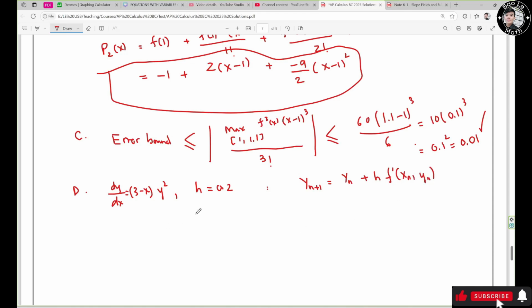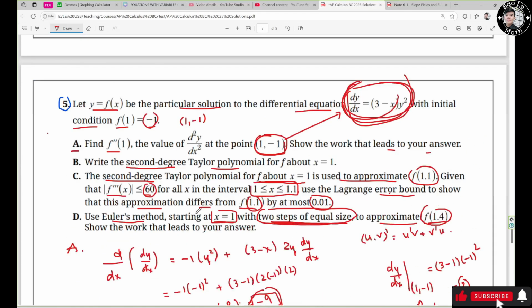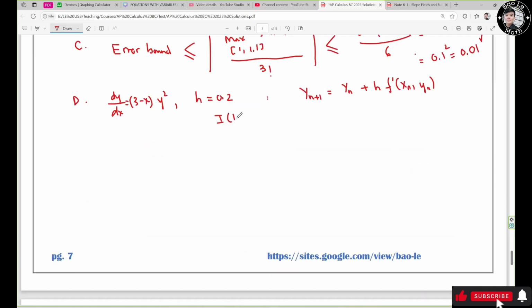Now you have the initial condition, which is 1, negative 1. Now you set up a table, with the initial condition 1, negative 1 when n equals 0.